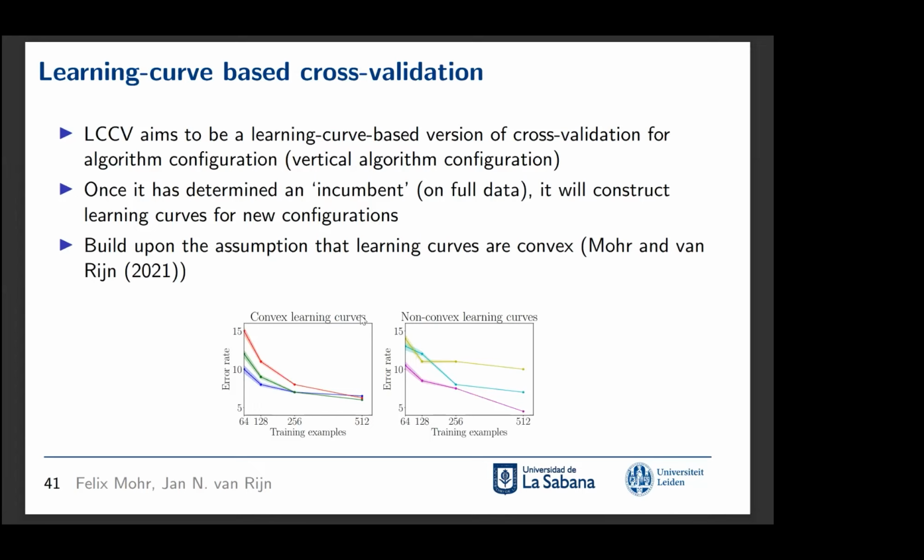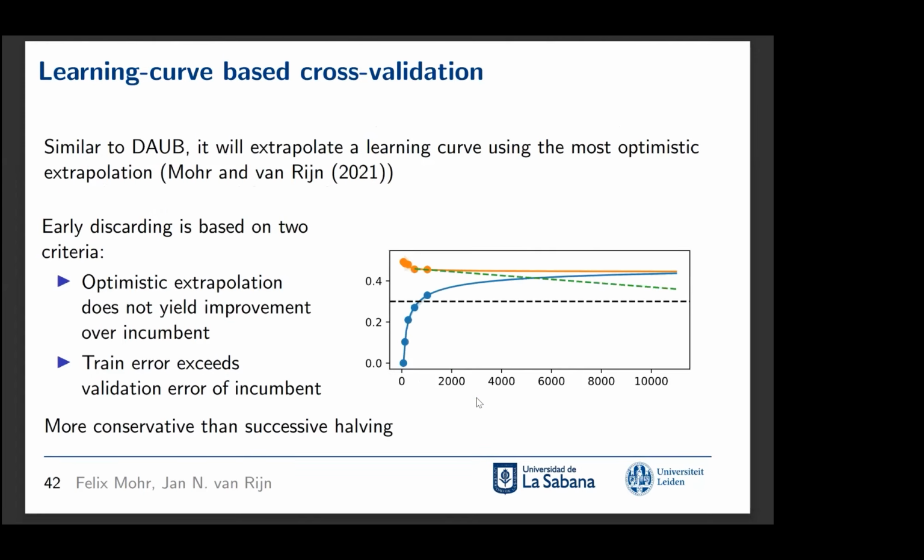Here we see some examples of convex learning curves, which is something that luckily we quite often see with observation-based learning curves. And here we see some examples of non-convex learning curves, which are a little bit less common. Here also we see an example of how this exactly works, and we again see two curves fitted.